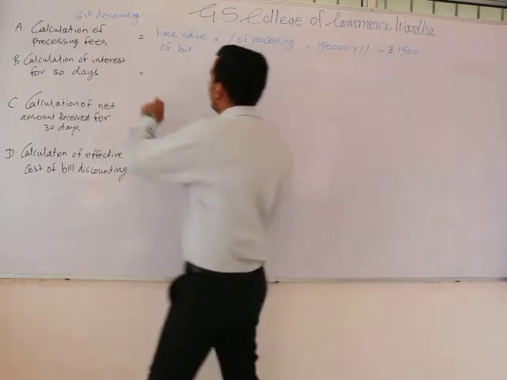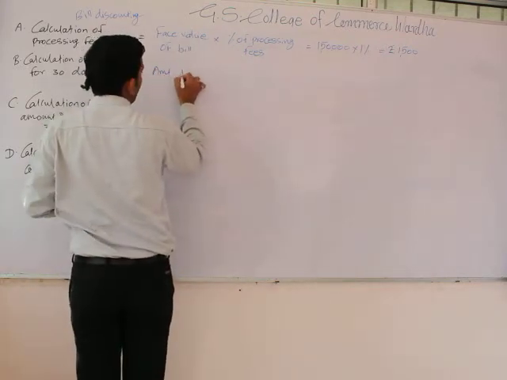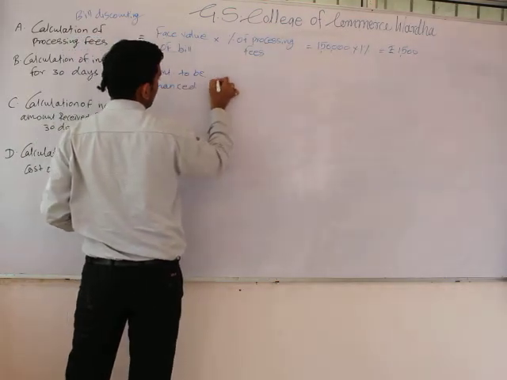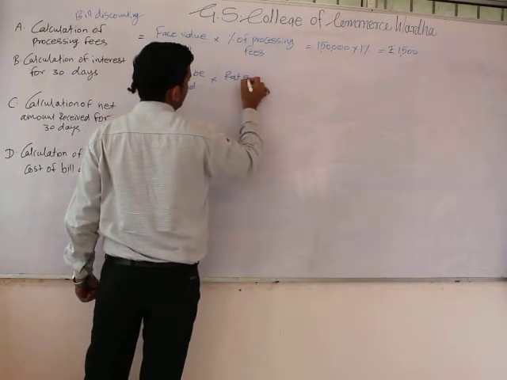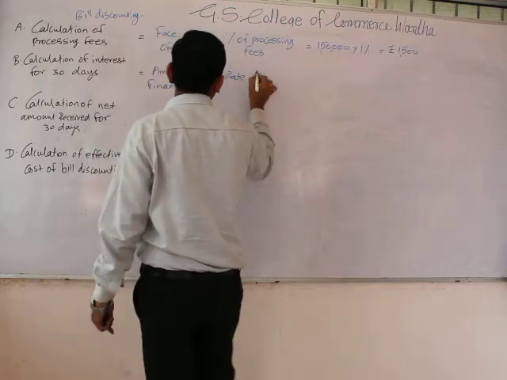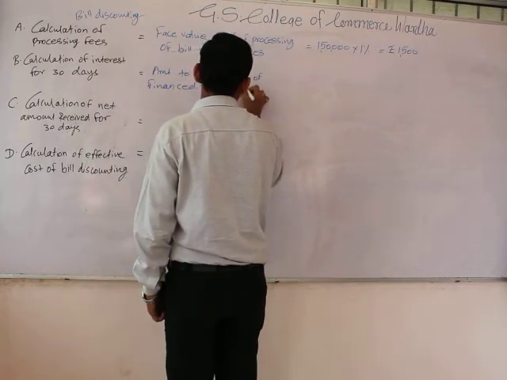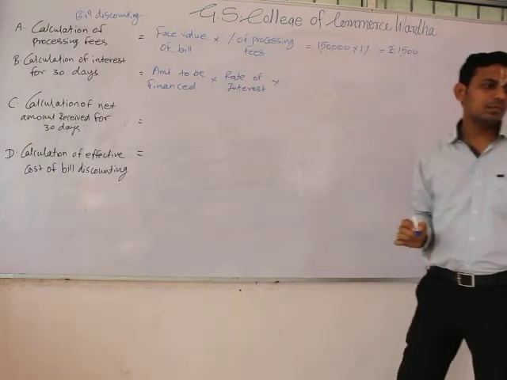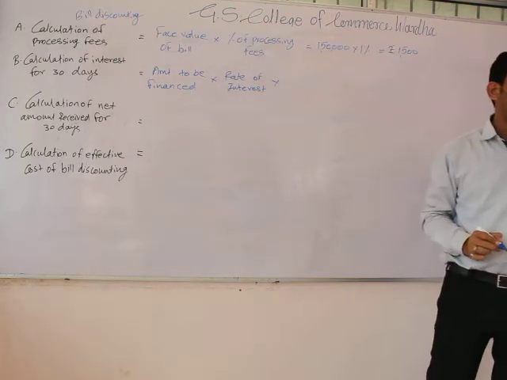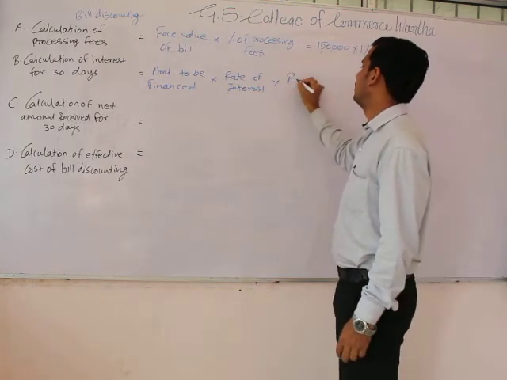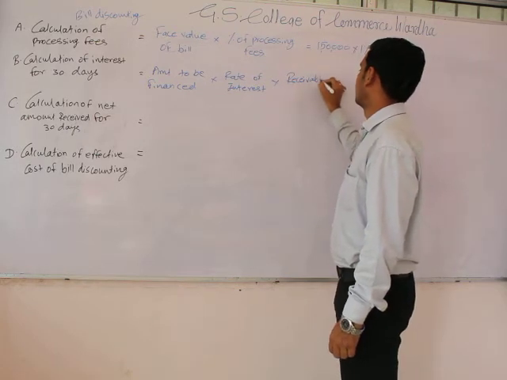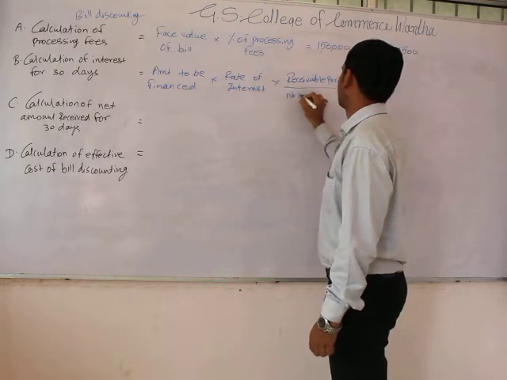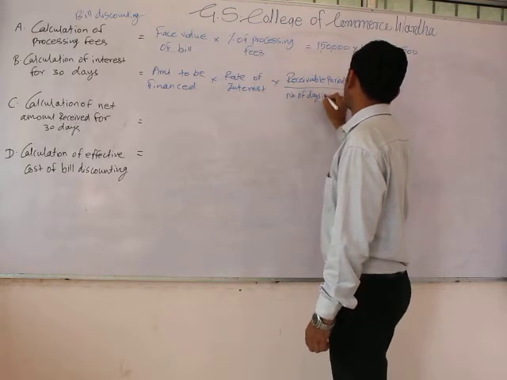Therefore the formula would be amount to be financed by bank multiplied by rate of interest multiplied by receivable period divided by number of days in year.